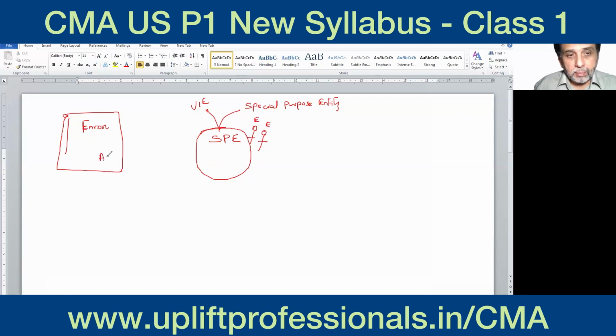Enron sold some assets to these special purpose entities. Just see how they raised finance. They sold assets. In reality, only on paper the assets were sold. It was physically present with Enron and they were using it, because this is a sort of shell entity created by Enron itself.